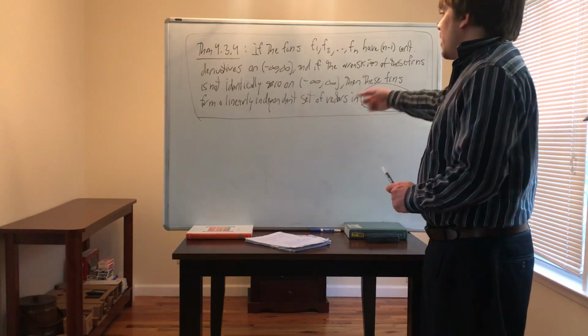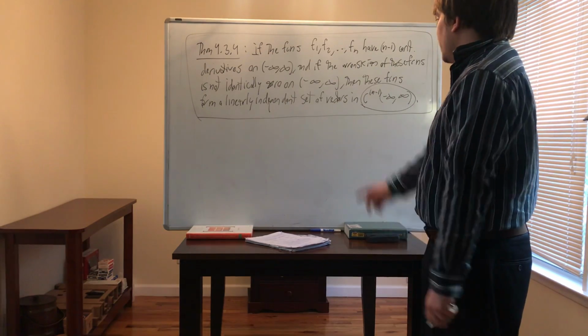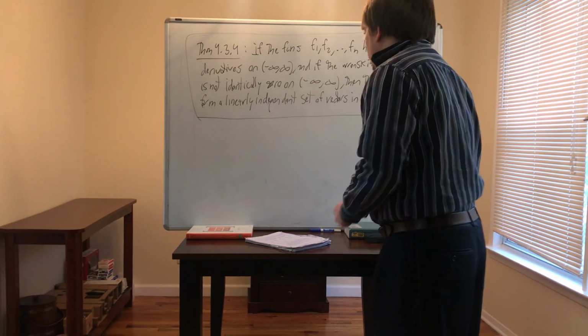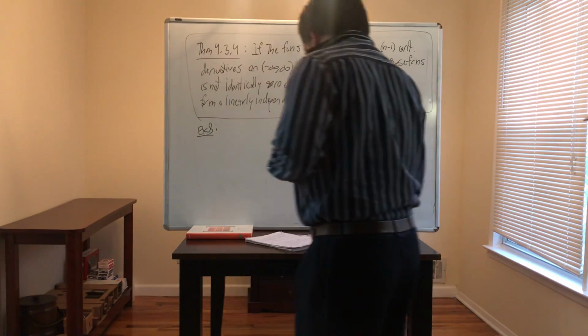So the conclusion is that those functions form a linearly independent set in that vector space. Okay? And so in example 8, we're going to see an application of this theorem.